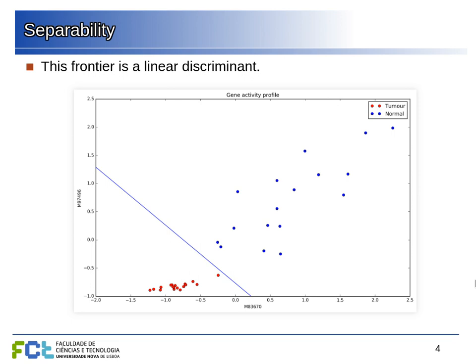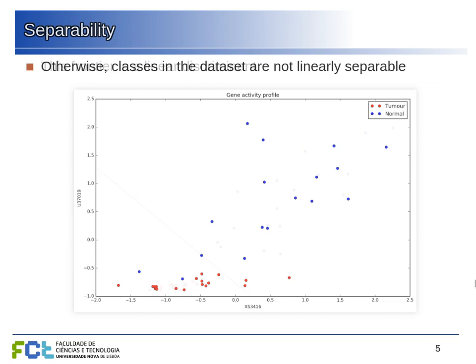It's a straight line. If the classes are distributed in a different way, for example, this is the same set of cells, tumor and normal, but using different gene activities, and we see that the blue ones come here, and then there are the red ones there, and there is no straight line that we can draw to separate the two sets.